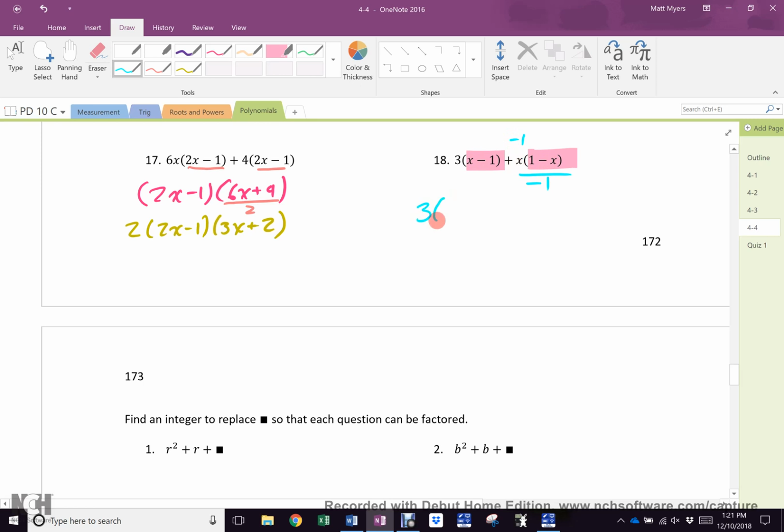So I have 3x minus 1 minus x minus 1. Now, x minus 1 and x minus 1 is a common factor. So I divide them both by the common factor. I move the common factor to the front, and what's left over, 3 minus x, is what's inside the brackets.